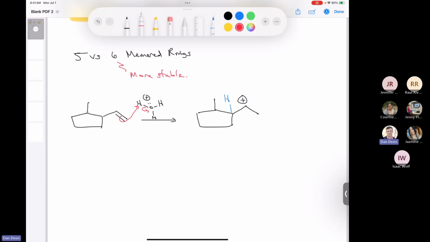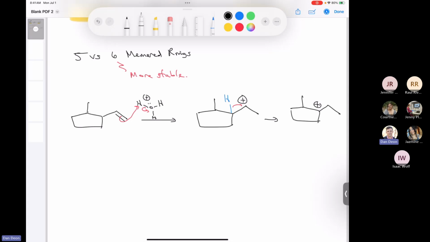And you might be tempted to say, well, I could get a shift like this, and that probably can happen. That's the thing about organic chemistry, is that we oftentimes end up with mixtures, okay? And so we would end up with a carbocation that is tertiary like that, okay?